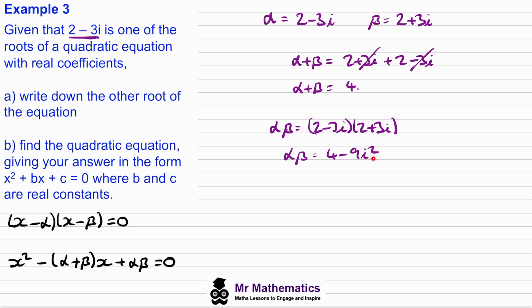This i squared will be negative 1, so 4 plus 9 will be 13. So finally, our quadratic will be x squared, alpha plus beta, so minus 4x, alpha beta, plus 13, and this will equal 0.